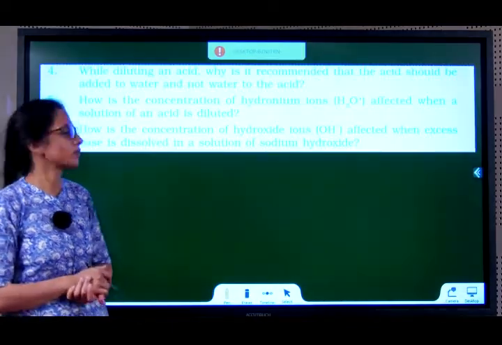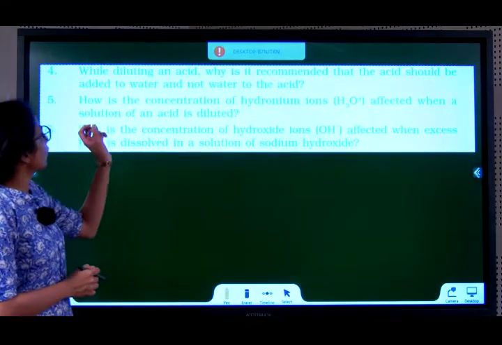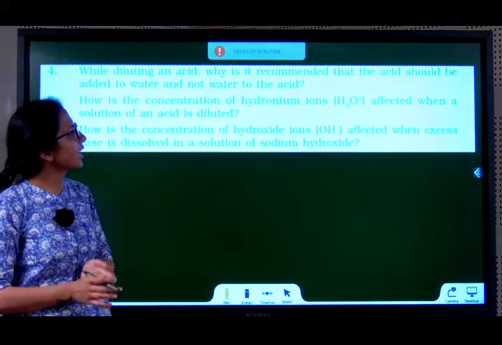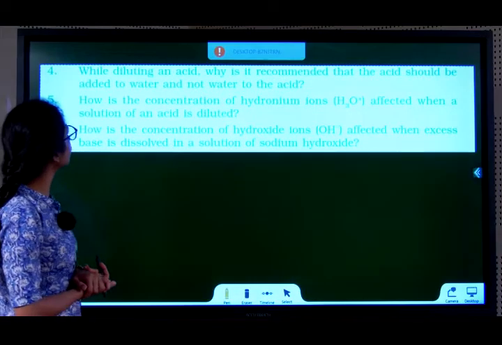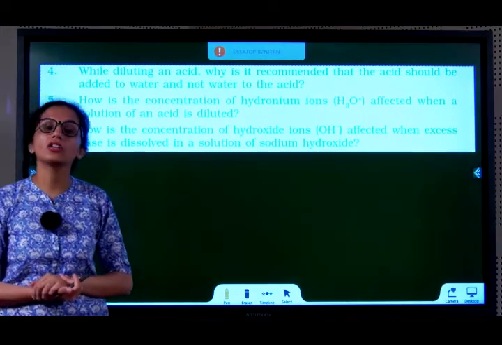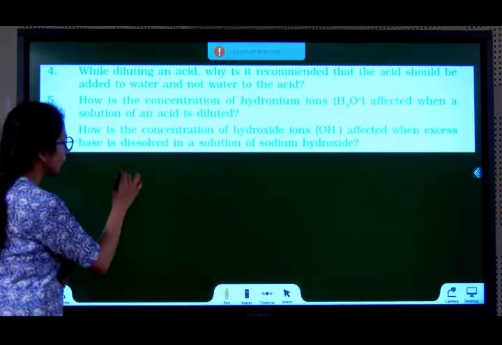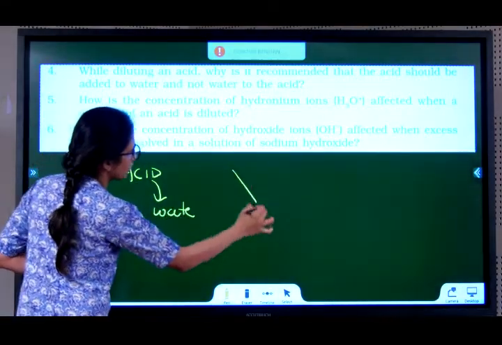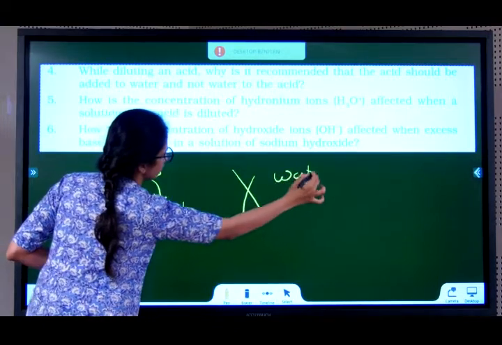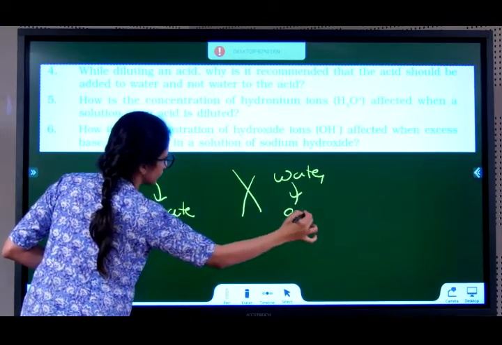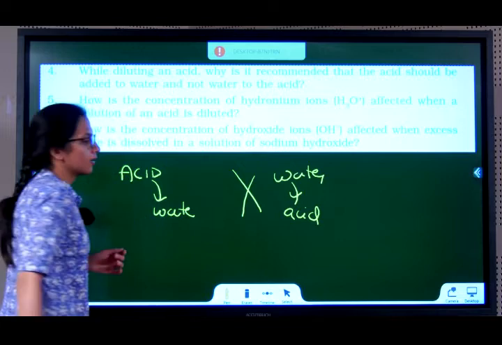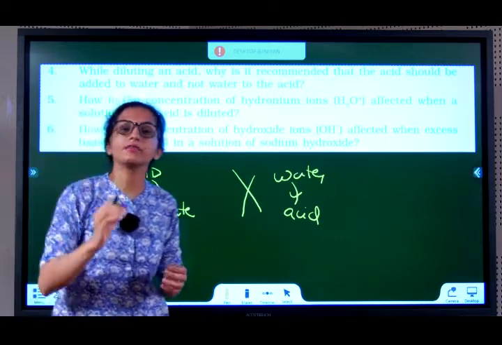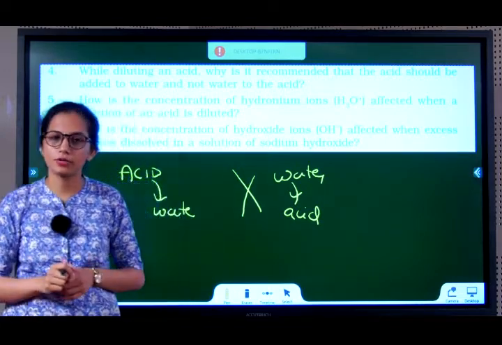Next question. Question 4. While diluting an acid, why is it recommended that the acid should be added to water and not water to acid? Dissolving an acid in water is an exothermic process.